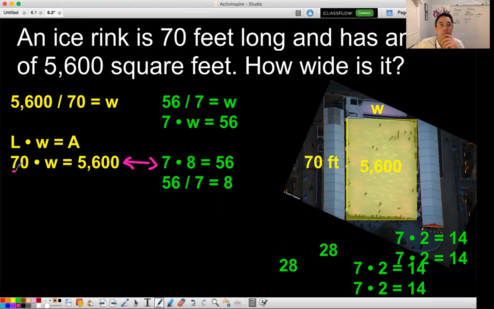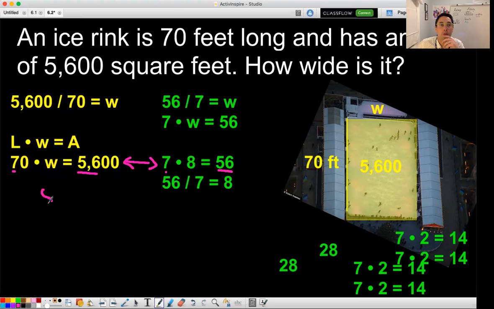Well, here's my 7 tens, and here's a 7. So that was times 10. And here's times 10 times 10, and you have your 56. Actually, I have my 56 here and 56 here.